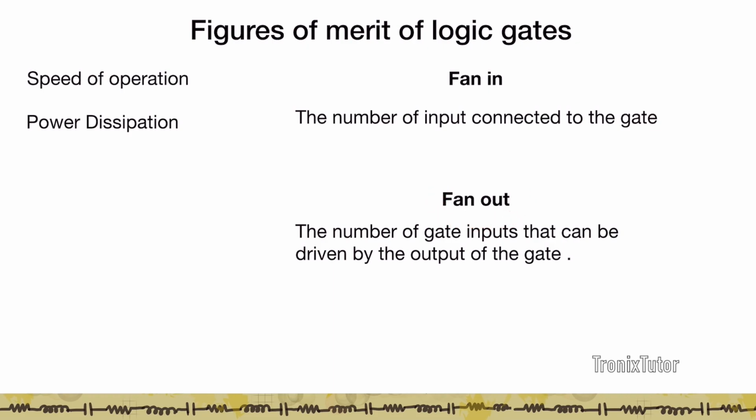Similarly, fan out is another important parameter which tells you how many gate inputs can be driven from the output of my gate. For example, if you think about an output being current, suppose I drive a lot more gates, there's a chance that the current might be divided and eventually go down, in which case I will be limited on the fan out. Now in CMOS we have very high numbers for fan in and fan out, so it's not an issue in CMOS technology, but this is something to keep in mind if you're thinking about a new digital gate technology.